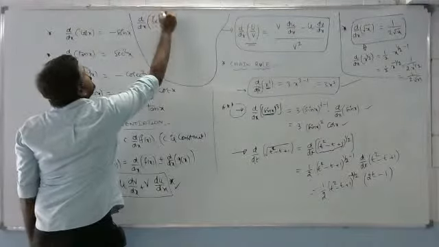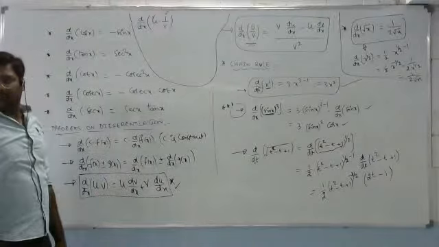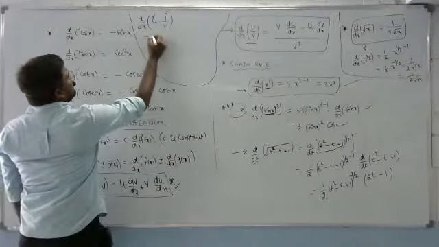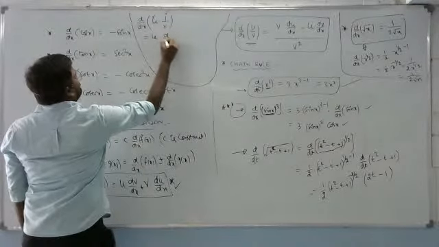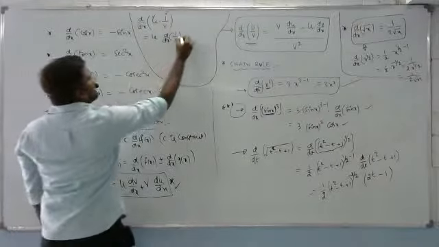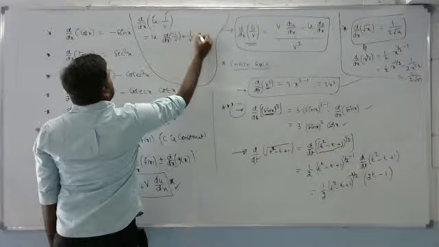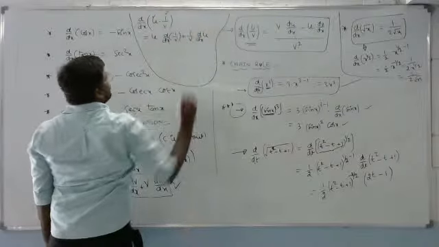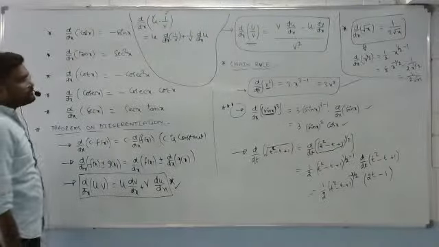Now this is u, this is v. Okay, now apply this formula. What is the formula? u into d by dx of 1 by v, because in place of v it is 1 by v, plus 1 by v into d by dx of u. Vishal, you can do it.